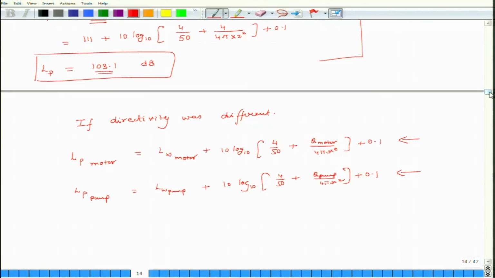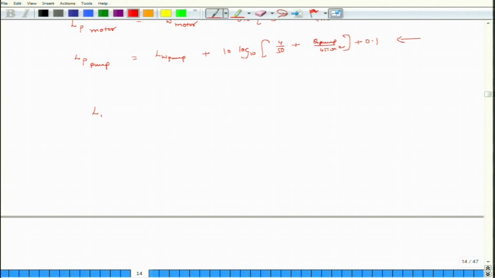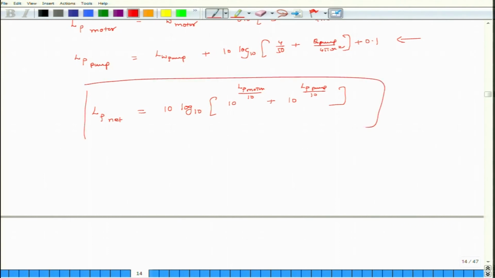Now, if both are there, then we would compute LP net equals 10 log 10 of 10 to the power of LP motor by 10 plus 10 to the power of LP pump by 10. This is how we will get the overall decibel level if the directivity was different.